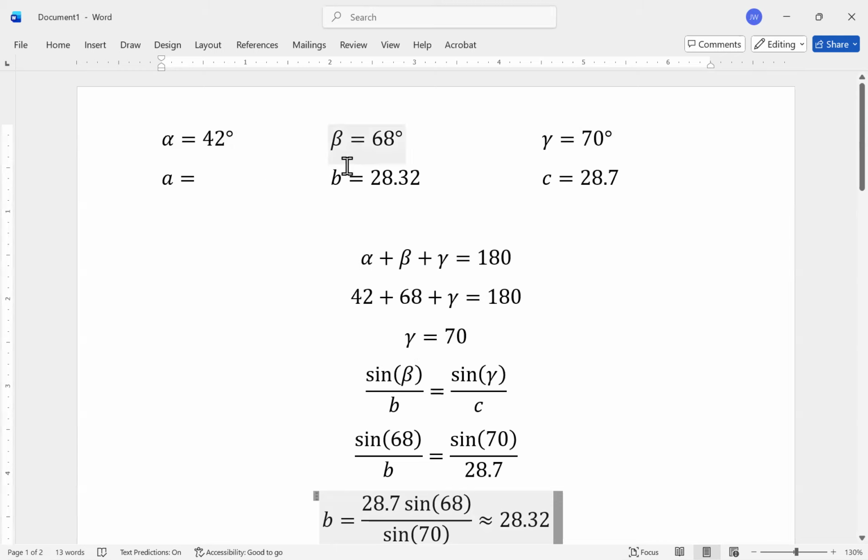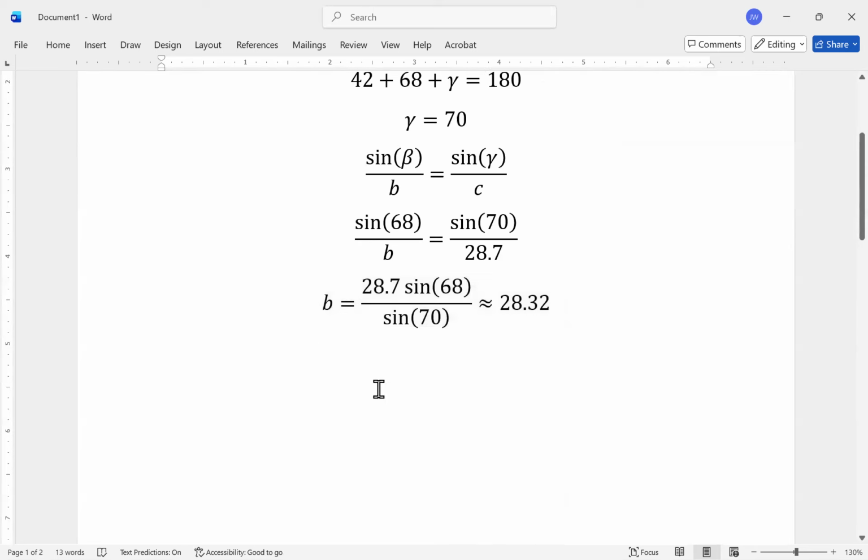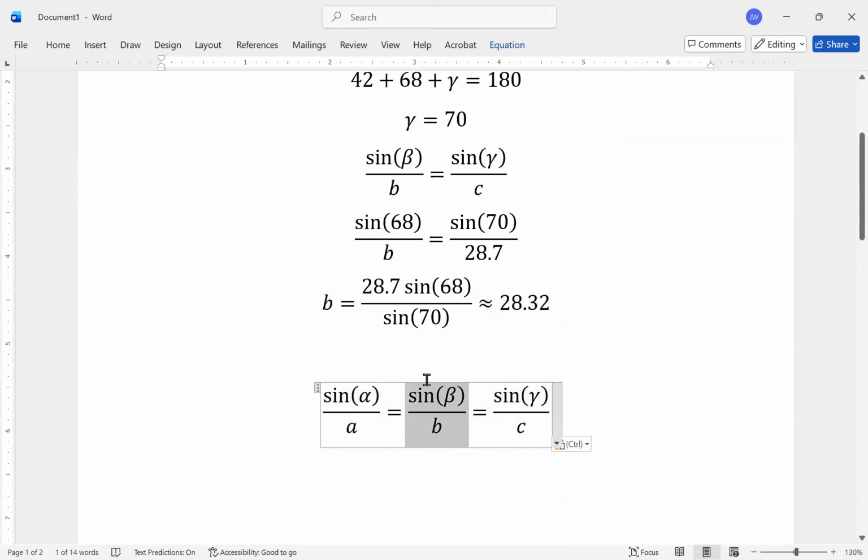Once again, you could use the ratio of sine beta over b, but since b is a rounded value, I'd prefer to use the sine gamma over c ratio in order to find the a. I know this ratio now, but since we have a rounded value for b, I'm not going to use it.